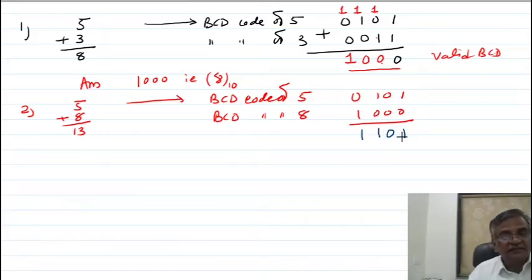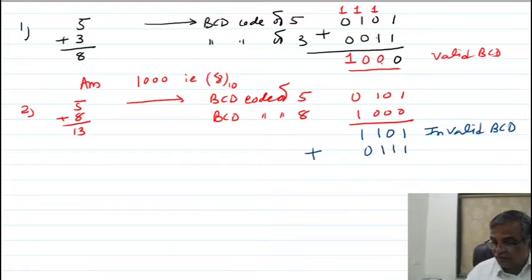This is more than 9, so it is an invalid BCD code. I have to add 0110 to get the correct result.